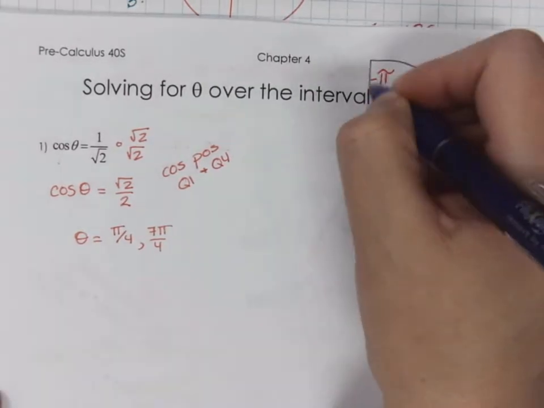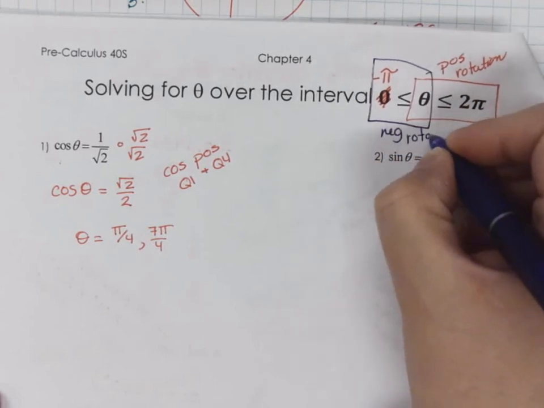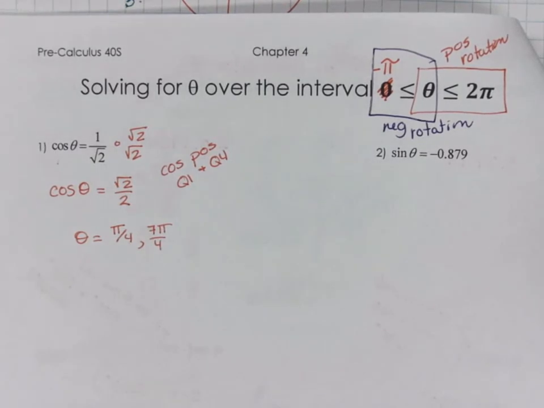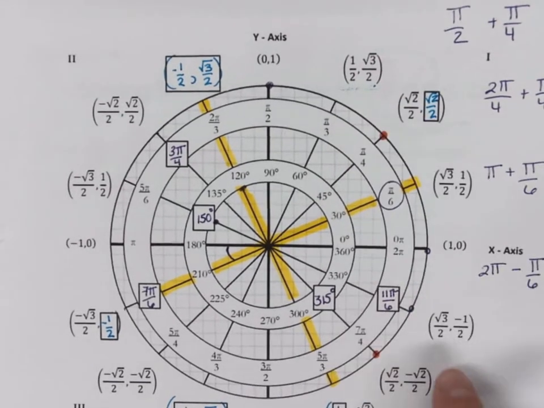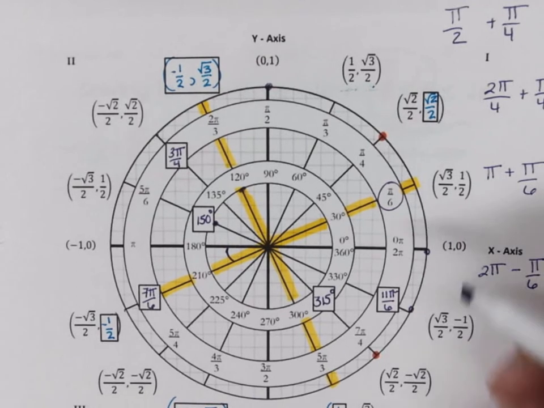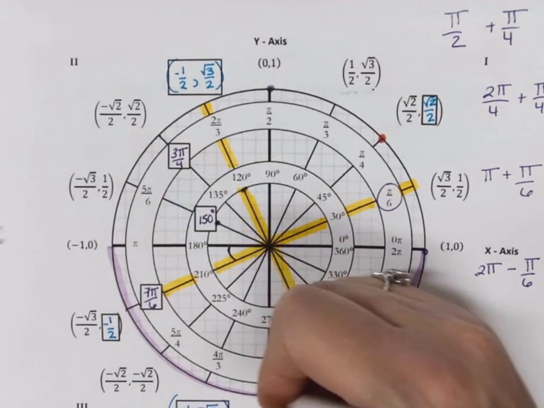Now we're going to deal with the negative rotation. Okay, is it a full negative rotation? No, it's not a full negative rotation. What is it? It's half of a negative rotation. So again, my points don't change. They're here and here, but this time I'm doing my negative rotation, but I'm only going to negative pi.